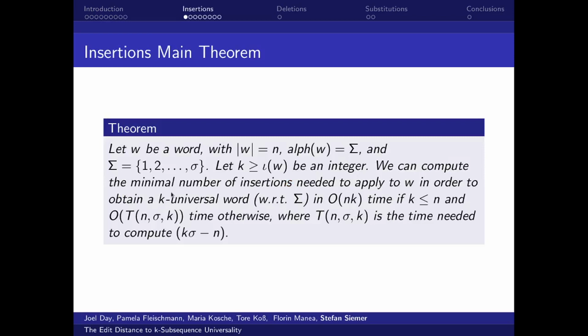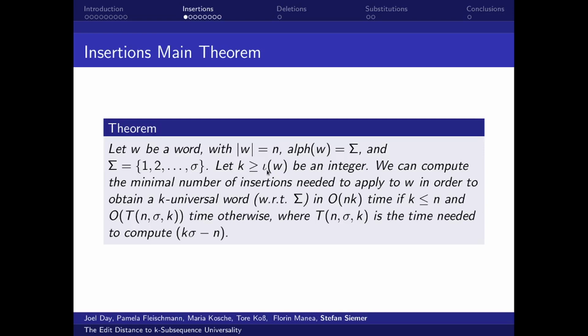So let us start with the main theorem for insertions. If we want to increase the universality of our word, then we would like to compute the minimal number of insertions needed in order to obtain a k-universal word, and we can do that in O of n times k if k is smaller than n.